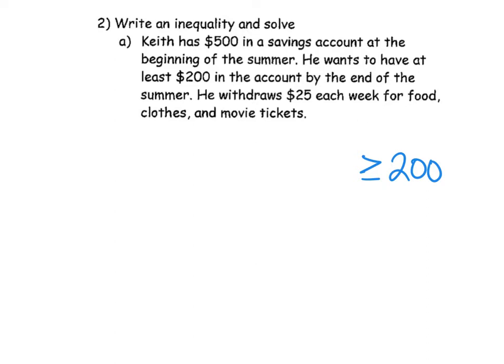What's X stand for? How about we do W equal the weeks? Okay. So every week he's going to spend $25. That's his budget. So I'm going to have a 25W. I'm putting it over here because I don't know where exactly it's going to go yet.